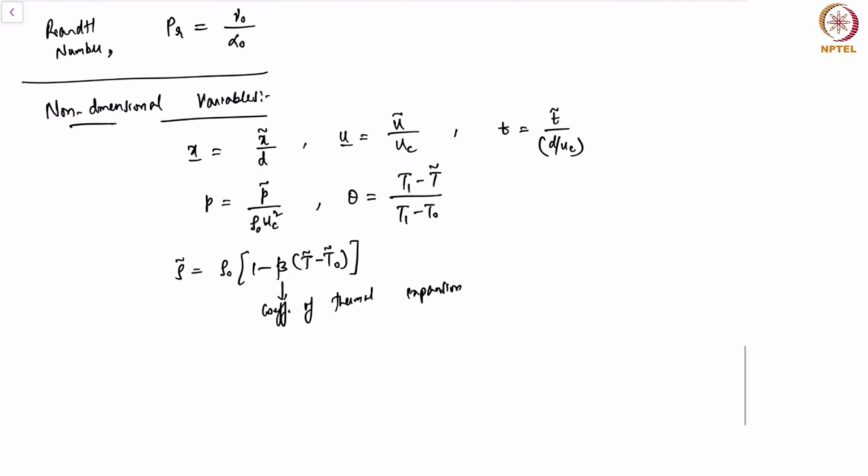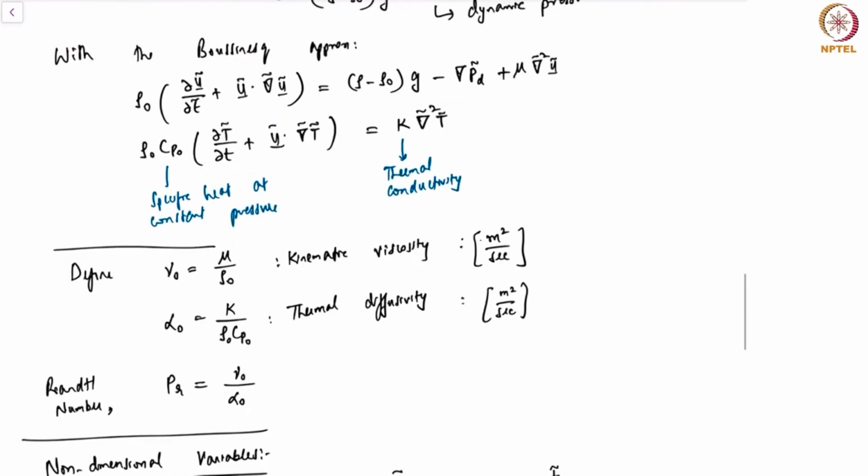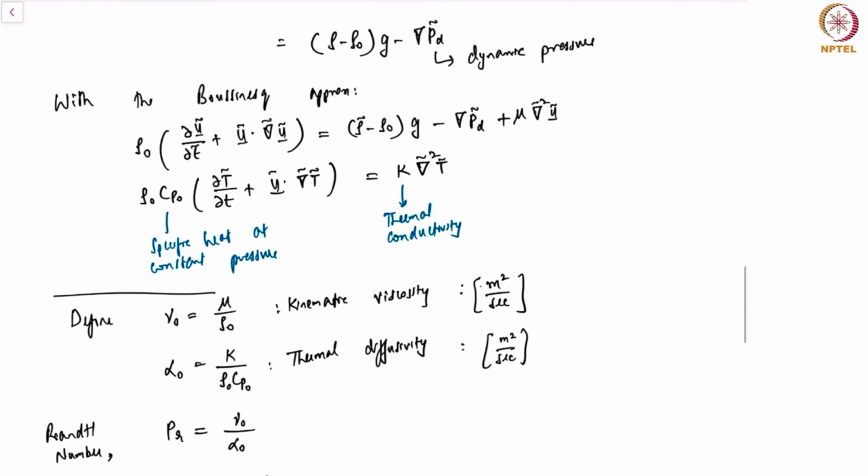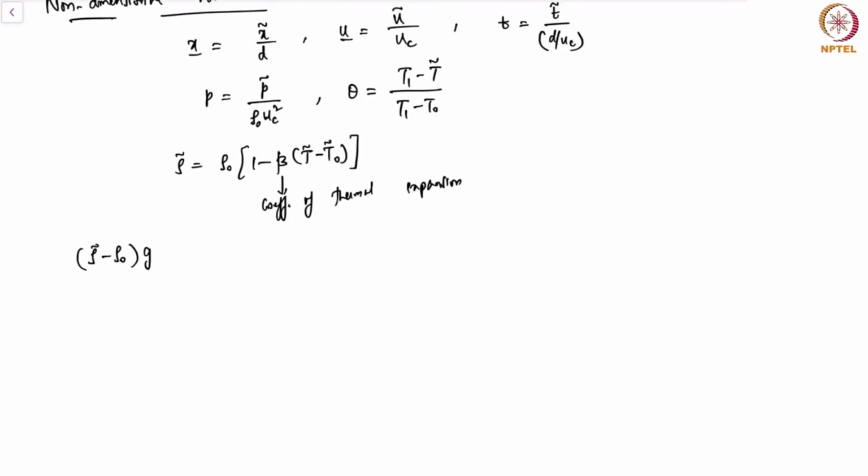Now you can straight away calculate from this. In the equation, what we have is the term rho minus rho naught times G. This rho tilde minus rho naught times G, or just look at the rho tilde minus rho naught, essentially becomes minus beta of rho naught into T minus T naught.